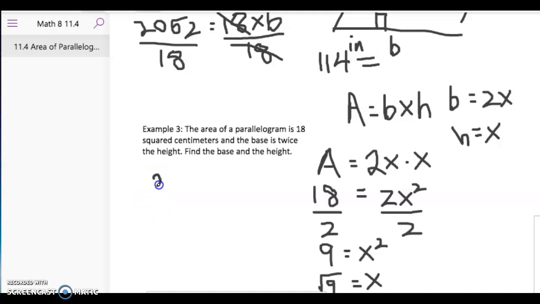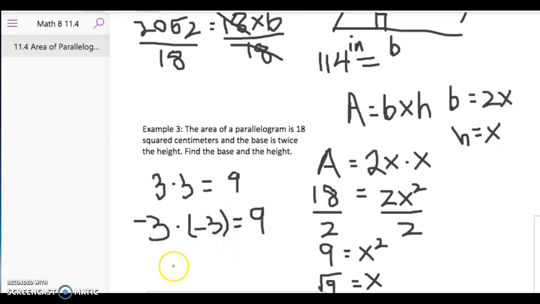And we know that 3 multiplied by itself gives us 9, right? 3 times 3 equals 9. But we also know that negative 3 multiplied by negative 3, that's a bracket, also gives us 9, right? So the answer would probably be plus or minus 3.